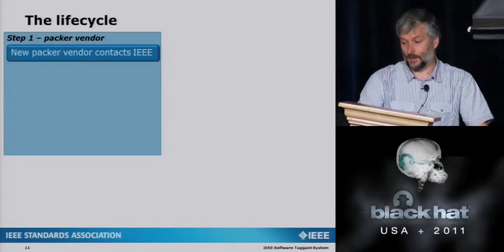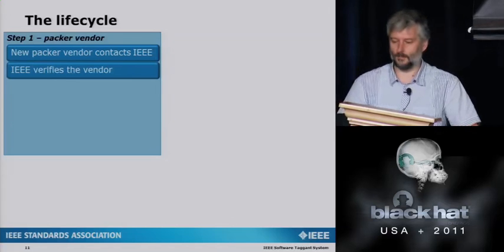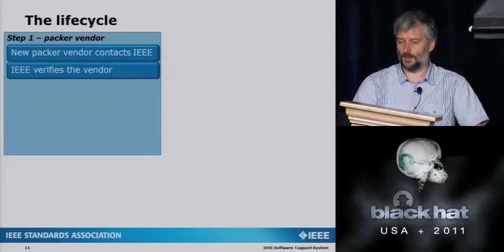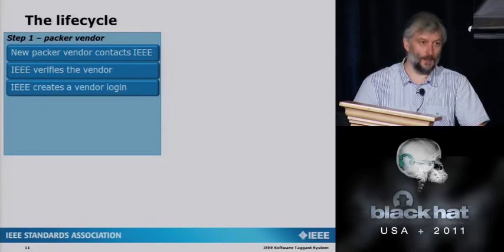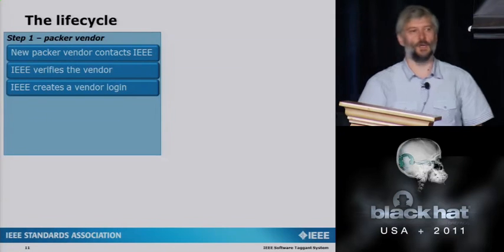Then, after appropriate checks are made, and we establish that it's not basically a malware development outfit, we issue a vendor login, a URL for that specific vendor to always come to and manage his users.